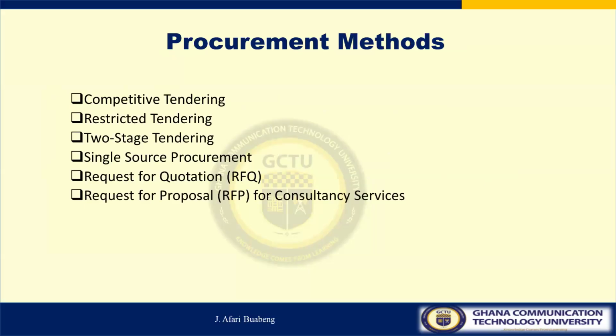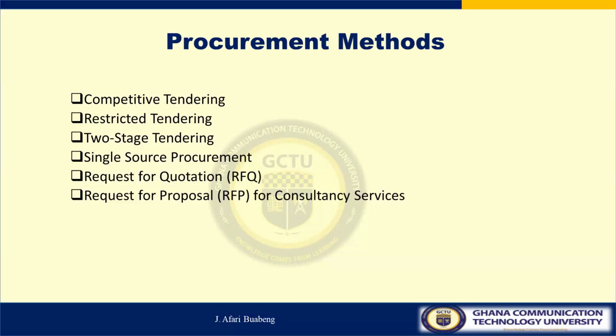Okay, so now that we are done with the rules, we move straight to the procurement methods. So you can't get up and say that we are procuring A, B, and C without considering the rules.